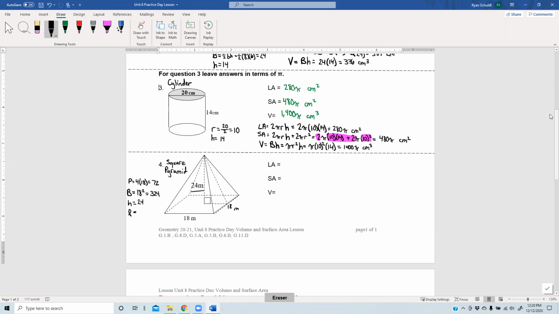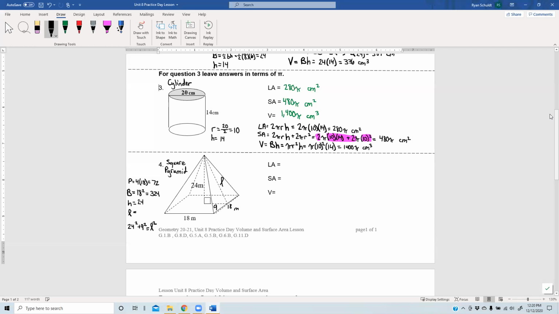So we're going to have to use our Pythagorean theorem to help us get slant height. To do that, we take half of this 18 right here and say, oh, okay, that's 9. So then we can say 24 squared plus 9 squared equals L squared.